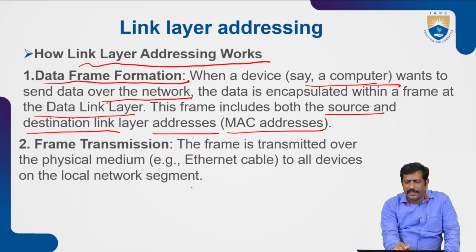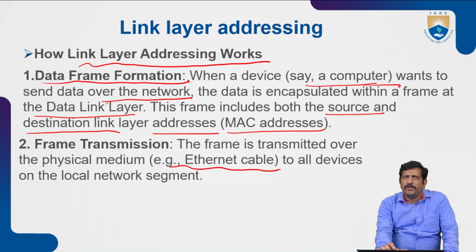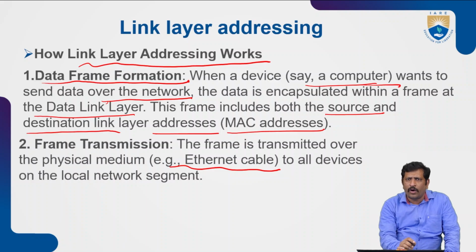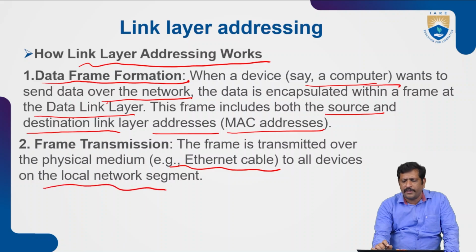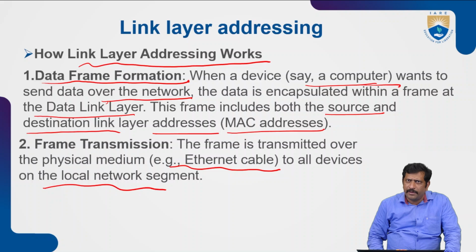Here the example is Ethernet cabling. Over Ethernet cabling, the data frames can be transferred to all devices on the local area network, or whatever the local network segment is. Whatever devices are connected, the data frames can be transmitted to all of them, using Ethernet cabling.